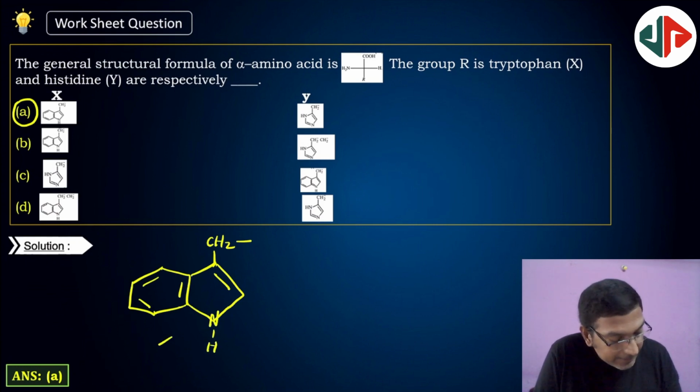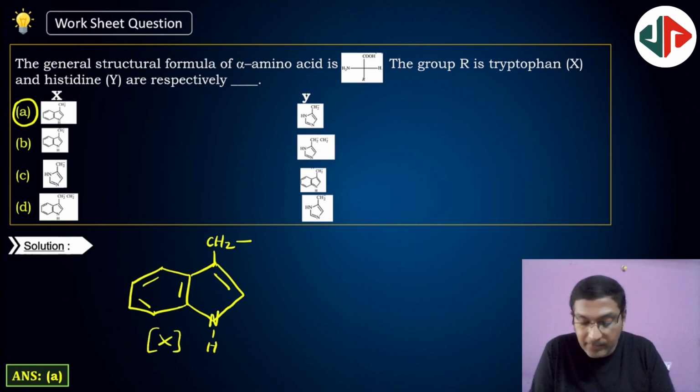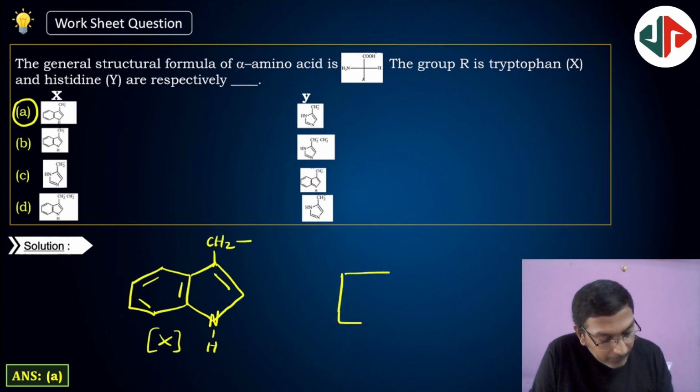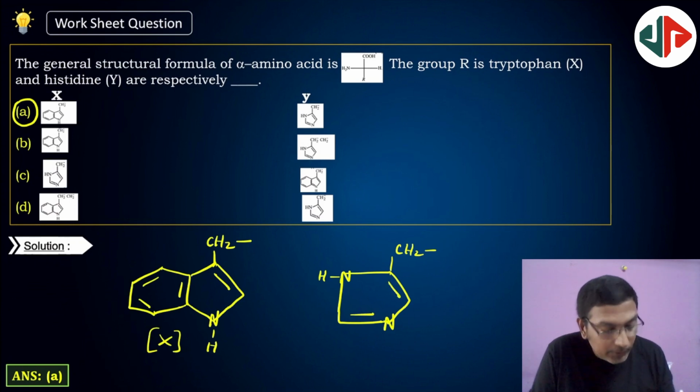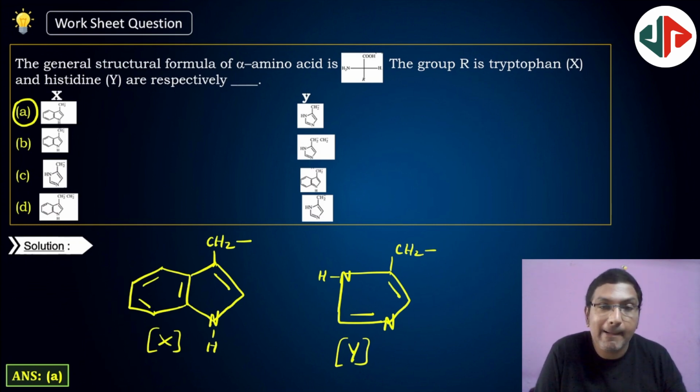This is X. Next Y. 5-member ring. Here CH2, here NH, and here N, 2 bonds. This is Y. So option A. Next.